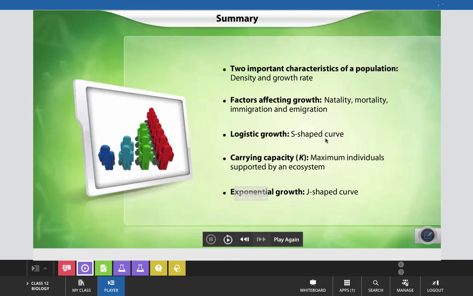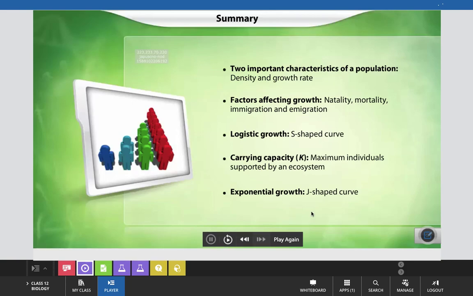Logistic growth means S-shaped curve, which can be represented when resources are limited. But carrying capacity is the maximum number of individuals supported by an ecosystem, and exponential growth, in the case of unlimited resources, is a type of growth curve that is impractical in nature: the J-shaped curve.